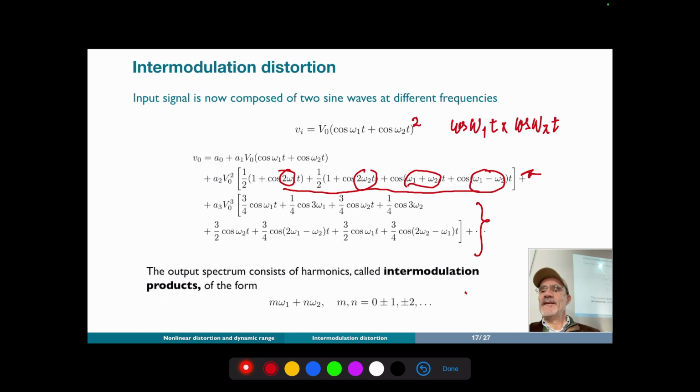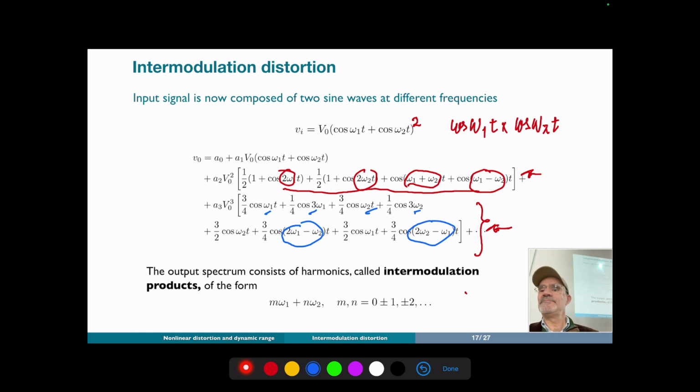Okay? And then the third order term, which is this one here, has the original frequencies, omega 1 and omega 2. But then we have the third order harmonics of the original frequencies. And then we also have some very important terms, which are these ones here: twice one frequency minus the other.